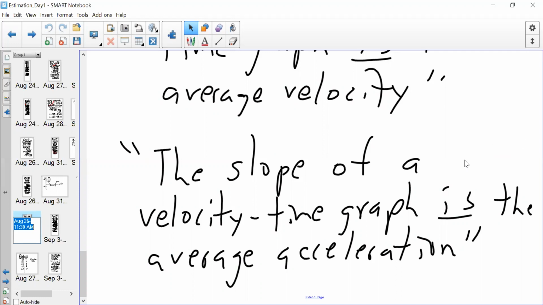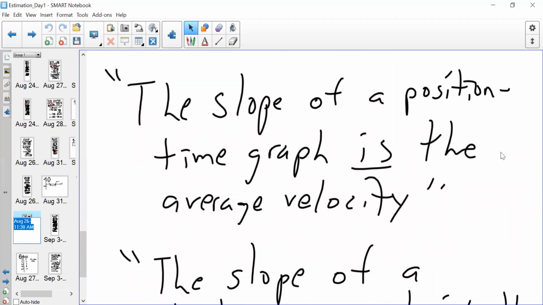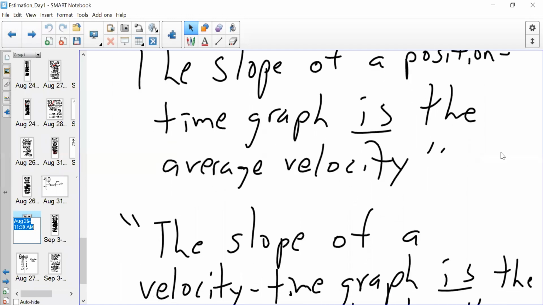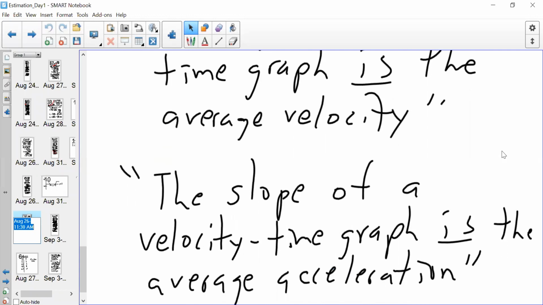So any questions on these definitions? Anytime we take the slope of PT graphs or XT graphs, we get your average velocity. And likewise, the slope of VT or velocity time graphs is the average acceleration.